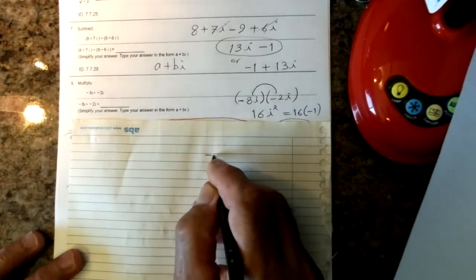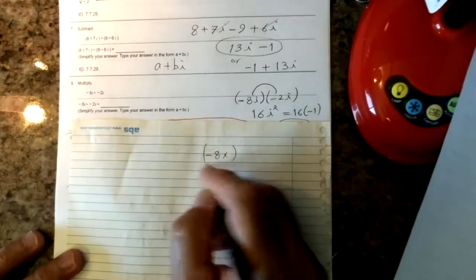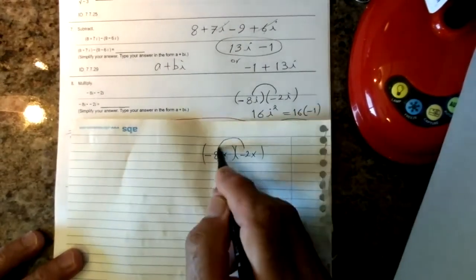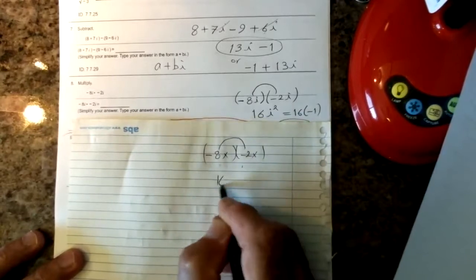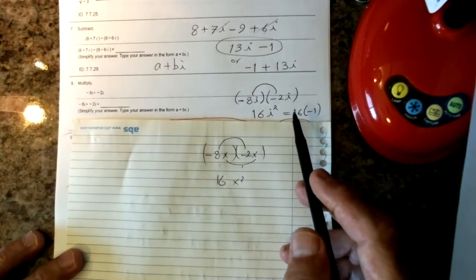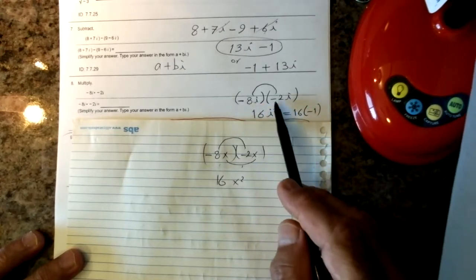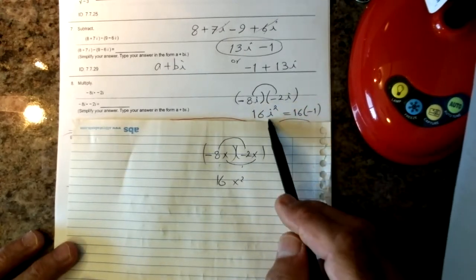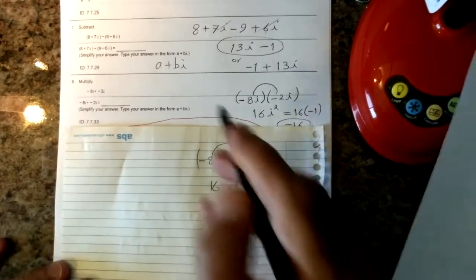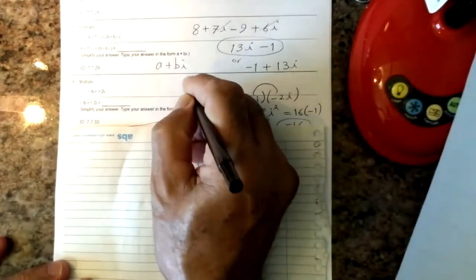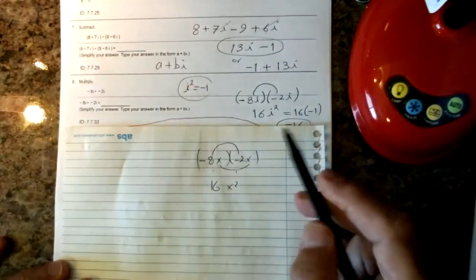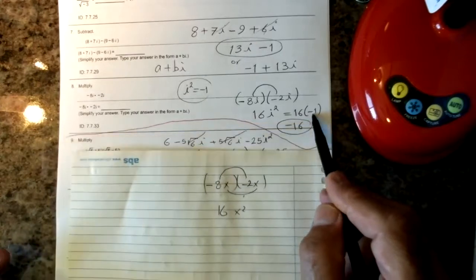Remember, when we have -8x and you multiply that by -2x, it would be -2 times -8 is 16. And what was x times x? x². Same thing with the i. -8 times -2 is 16. i times i is i², but we know i² is always -1. We know i² is -1 because i is radical -1. So anywhere you see an i², replace it with a negative 1.